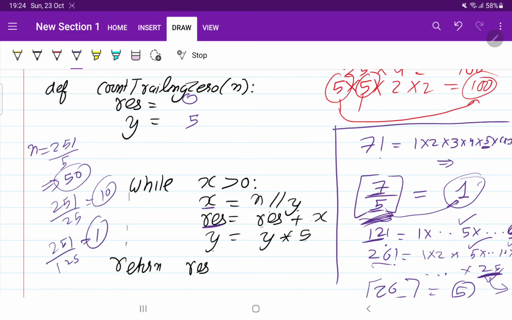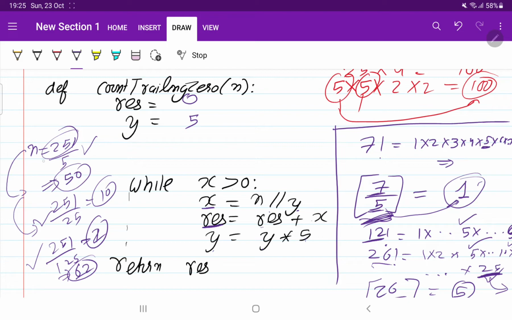So we will add them and we will get 62. Correct? Now see, the number is getting reduced. How many times have we done this operation? 1 time, 2 times, 3 times. Only 3 times we have done it for such a big number.